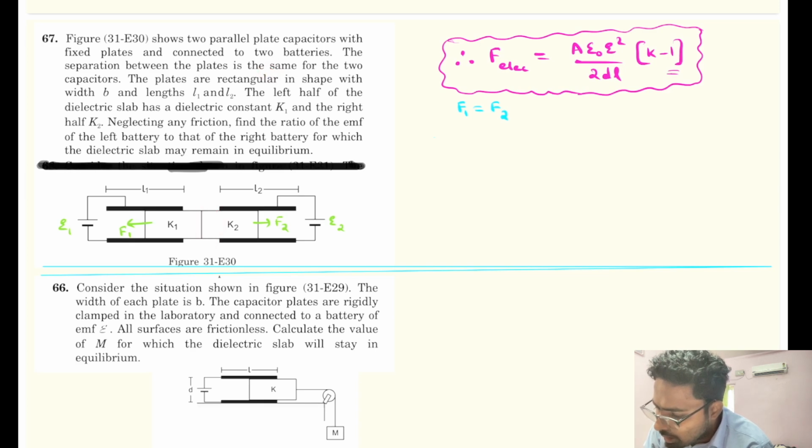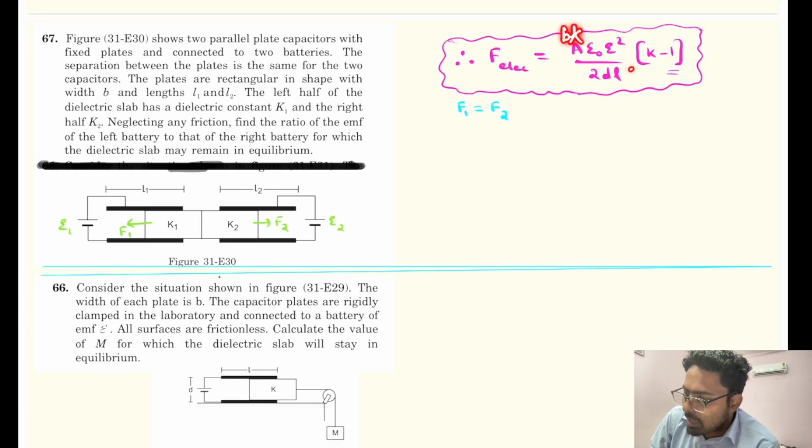So here the breadth is B and this length is L1. That means area should be replaced with B into length L. Then L will get cancelled, and we'll just remain with B. So the same formula can be written as B epsilon naught E square by 2D into K minus 1.